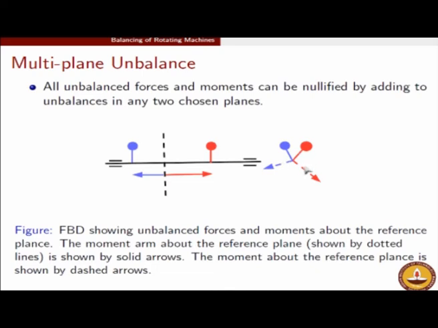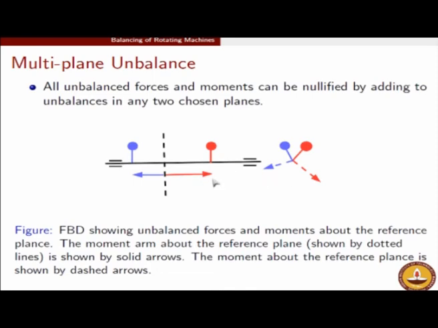So the angular orientation between the force and moment is 90-degree, all right, but it changes depending on whether you are taking a plane which is to the right of your reference plane, or a plane which is to the left. So the convention that we will have to take up is because of this: the moments are not aligned in the same fashion throughout.